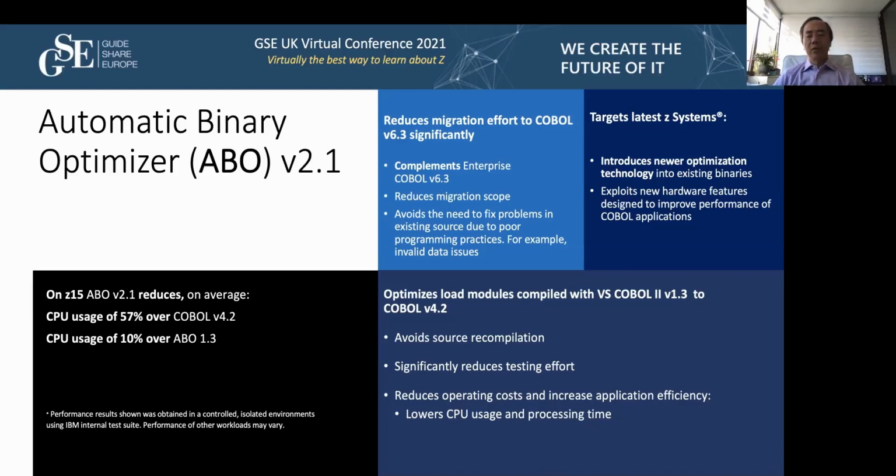So with ABO, you don't need to do that. It totally avoids the source recompilation. Because there's no recompilation, it can also reduce the testing effort. And it also gives you the same performance improvement as COBOL 6.